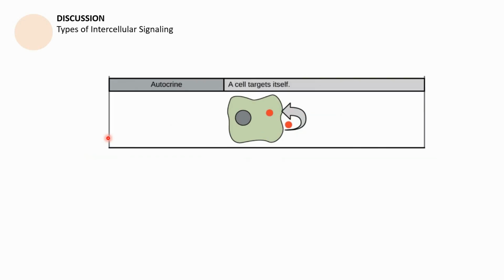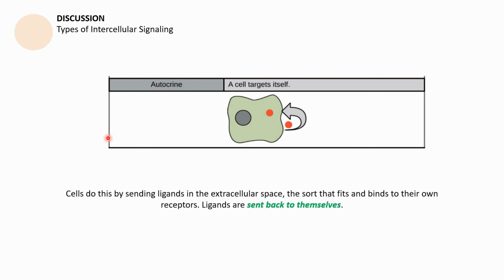Okay, so that's it. And then autocrine signaling is when a cell is going to transmit a signal to itself. Bakit niya gagawin yun, di ba? Okay, papansin, char. Pero ang point lang naman niya dyan is the following. So, ang cells, ginagawa nila to by sending the ligand to the extracellular space, tapos babalik din.